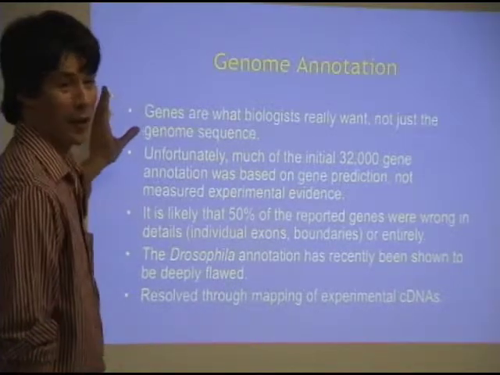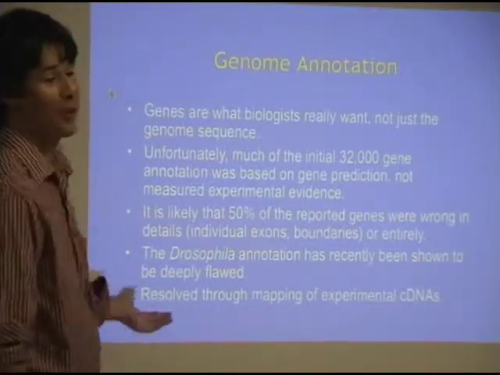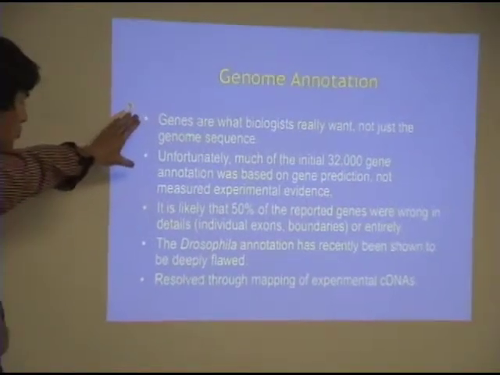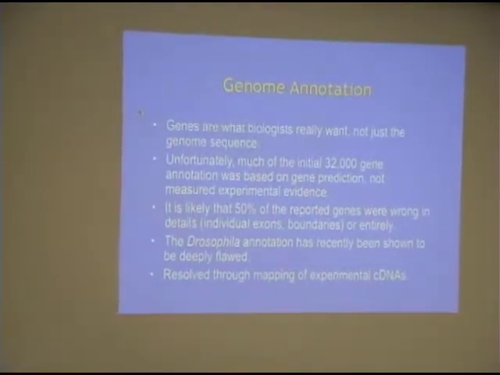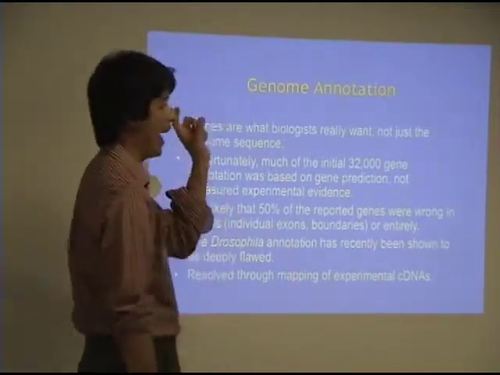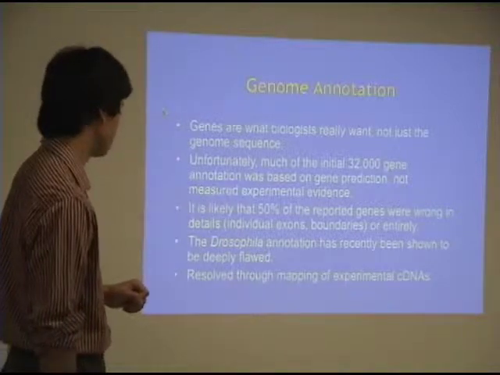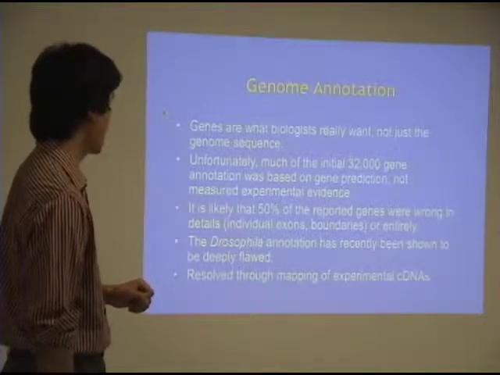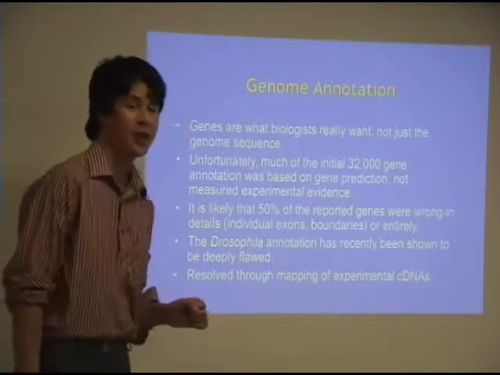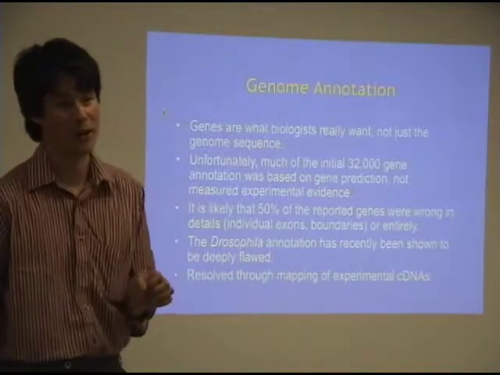Once you get all this sequence, 3 billion letters, what are you going to do with it? What does it mean? Well, the first thing that biologists want to know from a genome sequence are the so-called genes. These are the active, functional portions of the genome. And your initial ability to find genes within the sequence depends upon how complex the gene structure is.